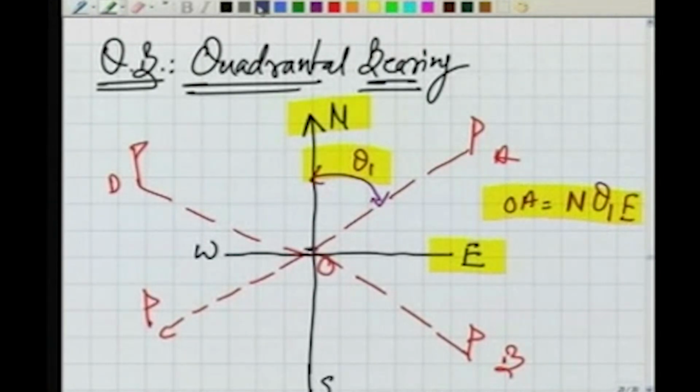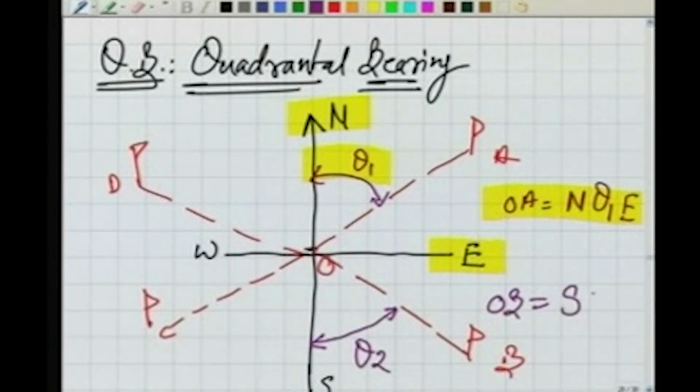Similarly, I can write it for another line. Let's say the line is here, OB, and that angle is theta 2. So for OB, the bearing is south theta 2 east.